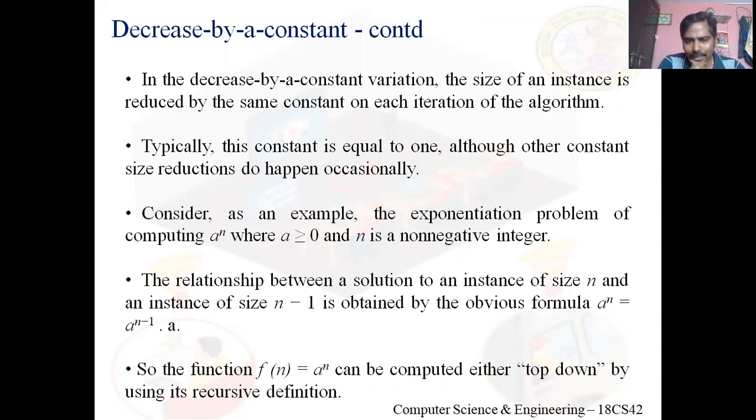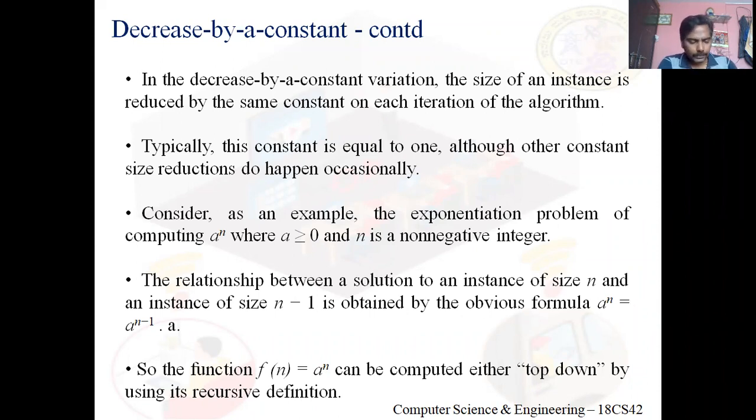Okay, so what can I do? Assume that there's a problem. Assume there's an algorithm that computes a power n. For that algorithm, what I'm going to give as input is a and n, and assume that when you give this particular input a and n, the algorithm is going to return you the value of a power n.